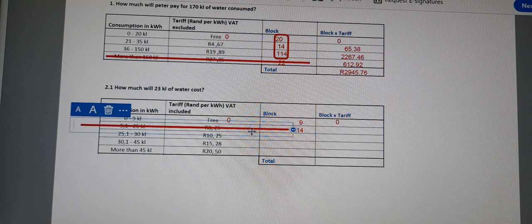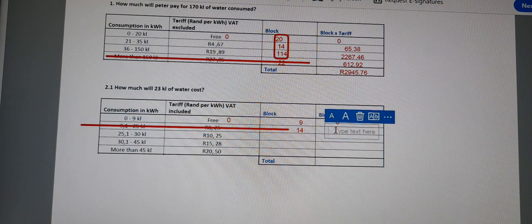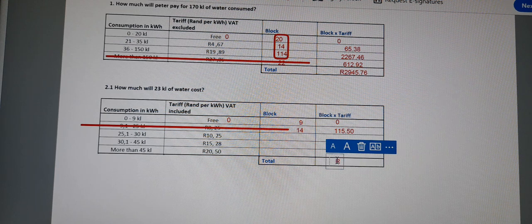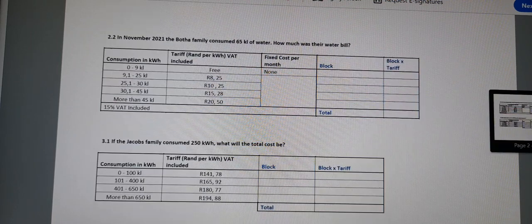And our consumption is going to be 115.50. So to get the consumption for the month, I'm going to add 0, and that number is going to be 115.50. See how easy the tariff is if you draw the columns? Let's go to the next one quickly.